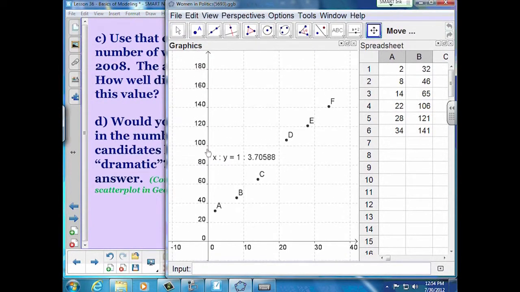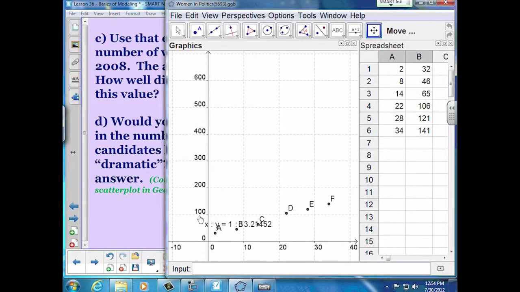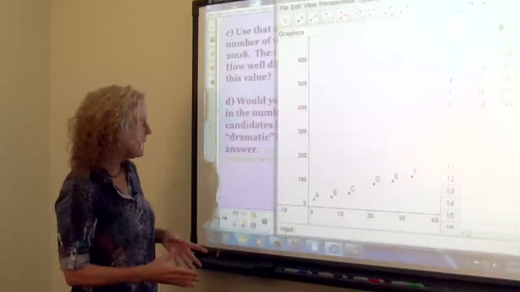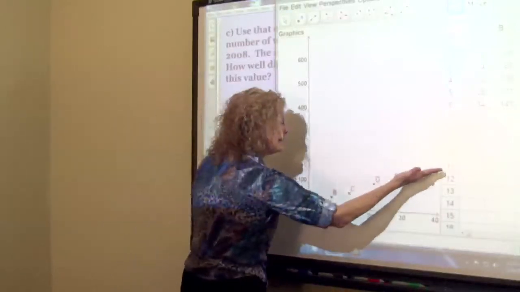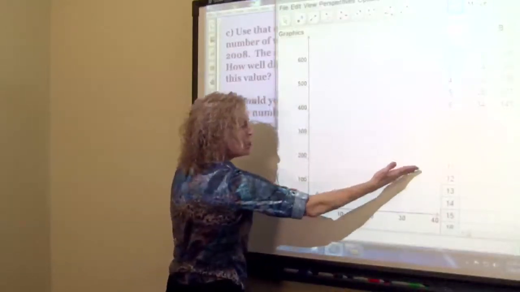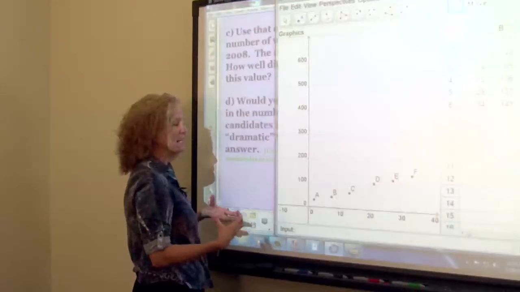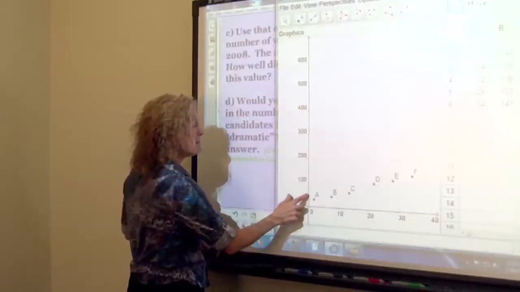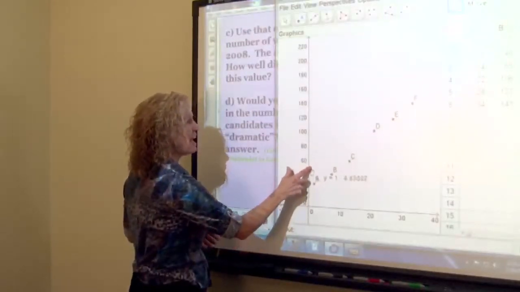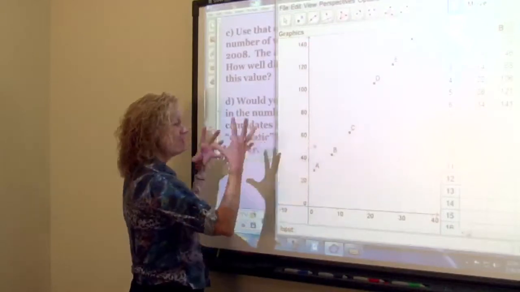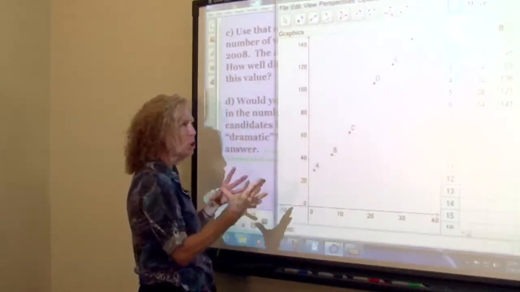Okay. What I love about this is how easy this is to interact. And what you might notice is, depending on my scale, as I set my data in this particular window, it looks like a very gradual increase in the number of women candidates. But if I simply change that scale, you can see that I've totally changed the way that it looks to me.